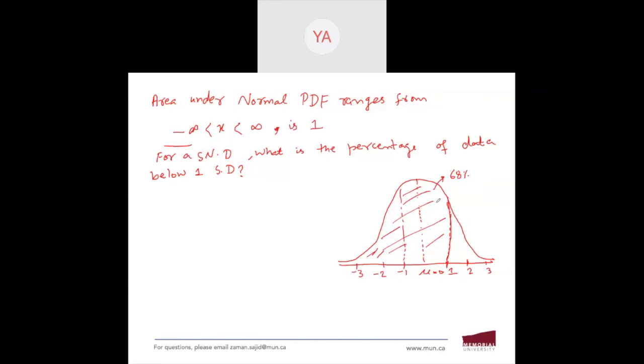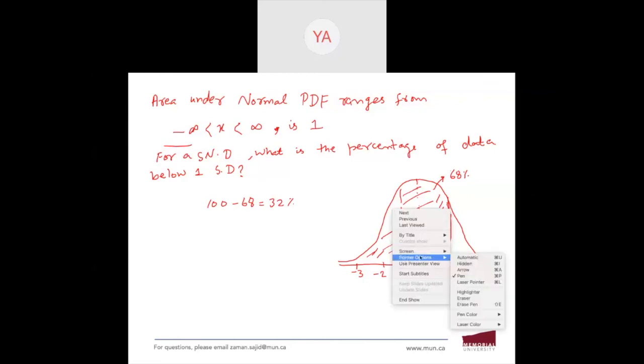If this is 68% area, then the rest should be, if 100 is the total, I subtract 68 and get 32%. So this means, let me change the color actually, then this can help you.